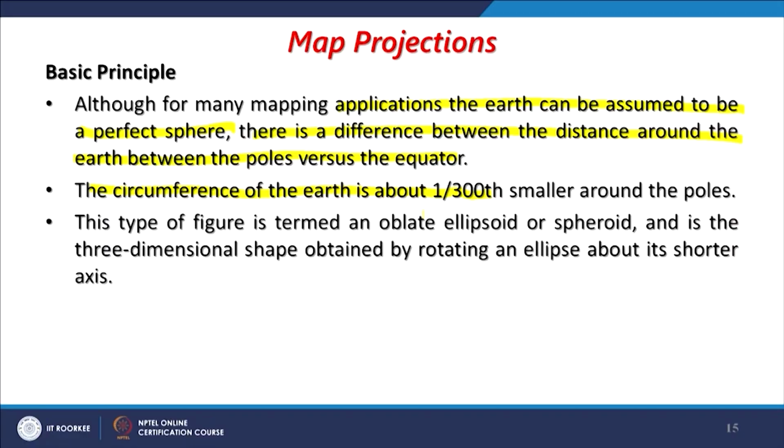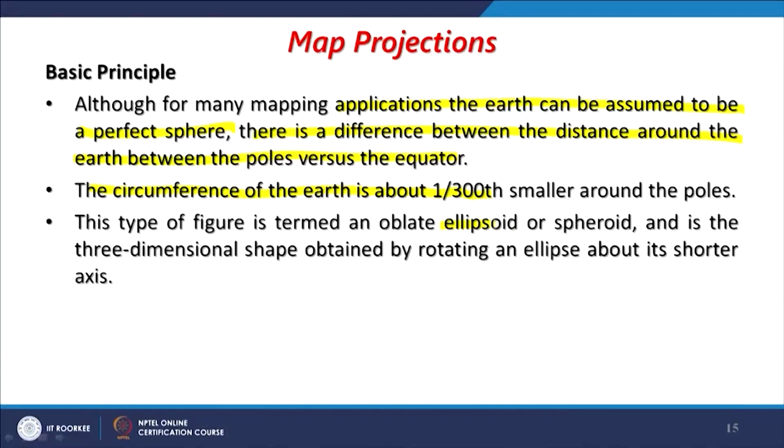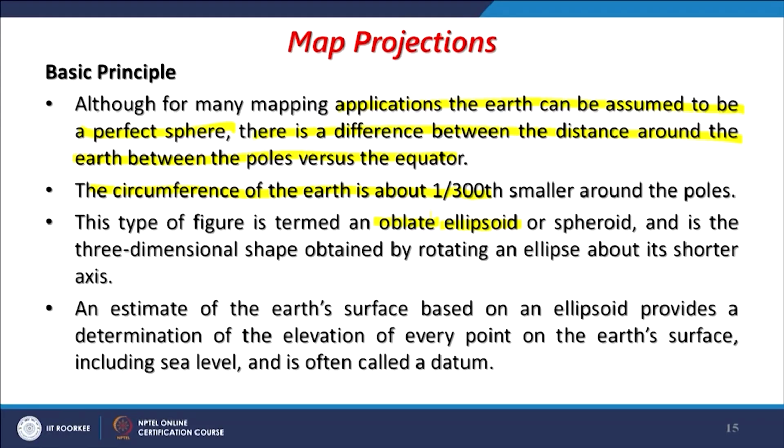So if we rotate it, we get this oblate ellipsoid, and that is why it is also called an ellipsoid. It is not a circle which we rotate around the north-south axis. An estimate of the Earth's surface based on an ellipsoid provides the determination of the elevation of every point on the Earth's surface, including sea level, and that is often called the datum.